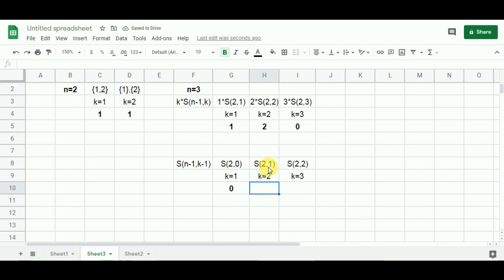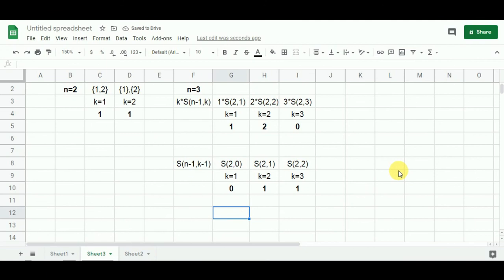Now s2 comma 1 we already determined here, so I'm going to put it here as 1. s2 comma 2 we already found out, and this is over here as well. The value is going to come out as 1. Now let's add these up first of all.